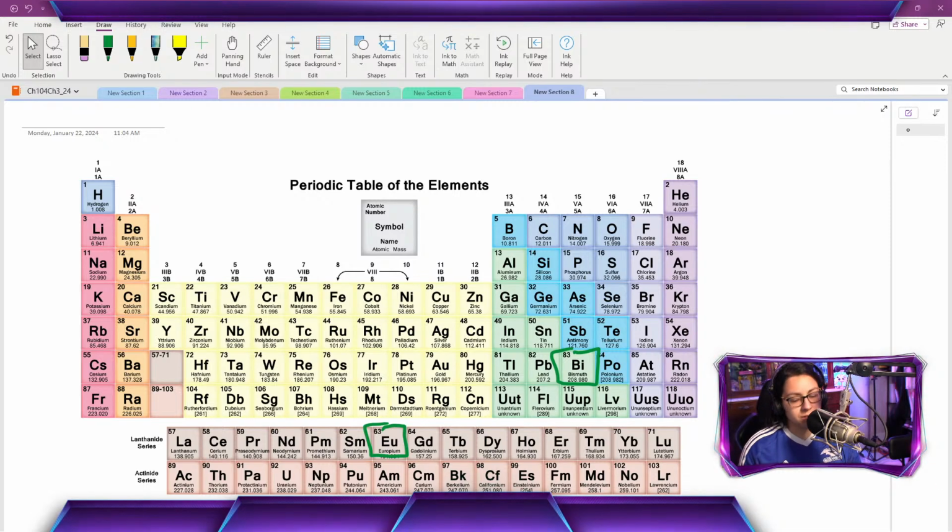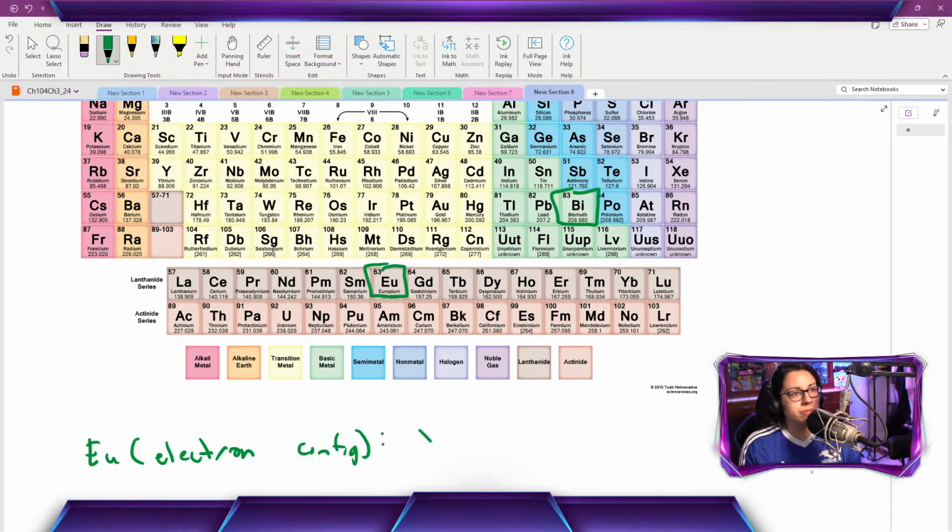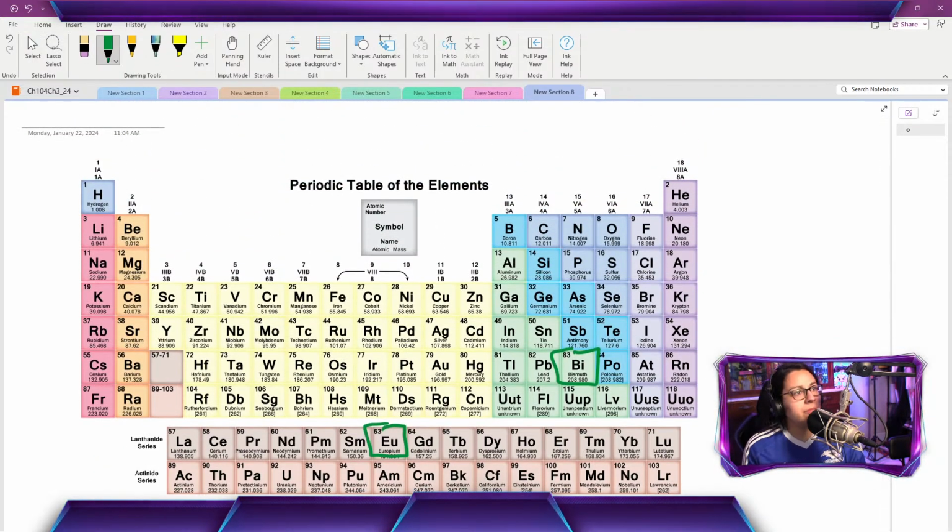So let's walk through it together. Let's start with europium, and let's do our abbreviated electron configuration. So if we want to do that, we have to go back to the previous noble gas. So that looks like xenon. And this is where it's good to write your marked periodic table.